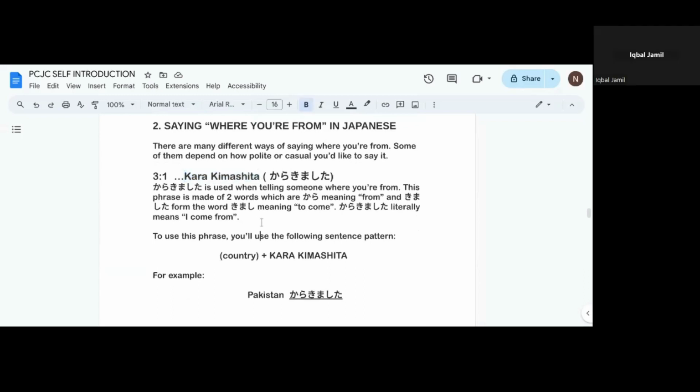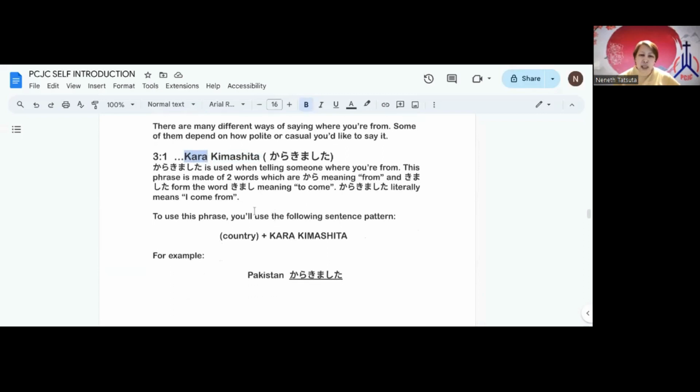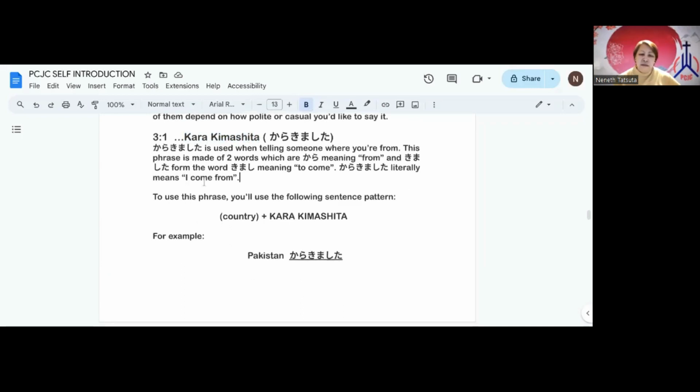The kara here means from, and kimashita means to come. In other words, I come from this place.